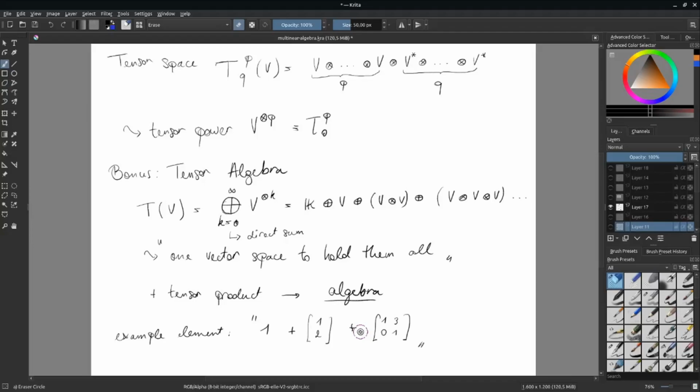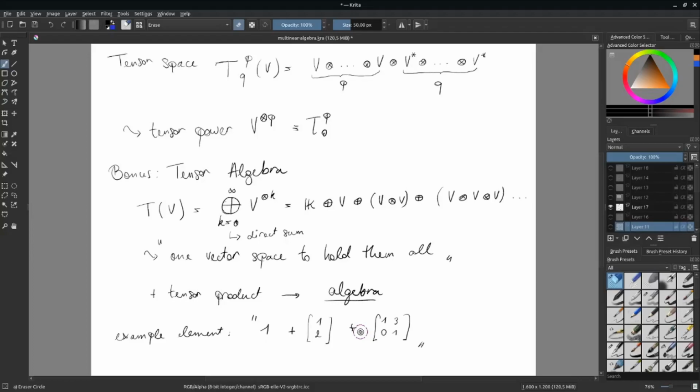So it's like one vector space to hold them all, because I'm taking a single vector space with all my possible tensors, or at least all my tensors of one type. Then I can extend it to add more, so you can have some fun with that. And I mentioned it's an algebra, so as a maybe not so much a reminder, an algebra is just a vector space with some vector product, a product that takes two vectors and gives another vector.